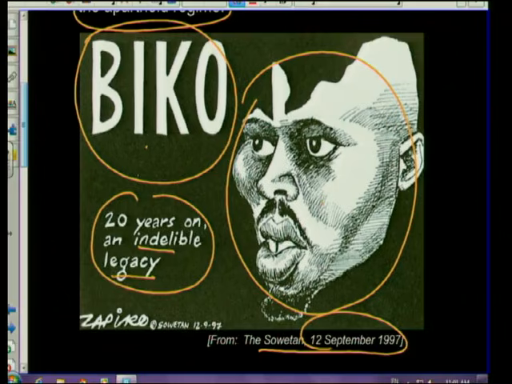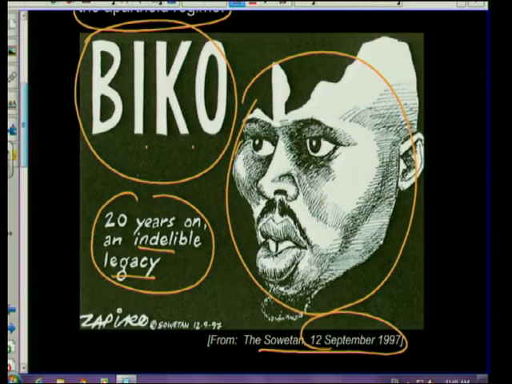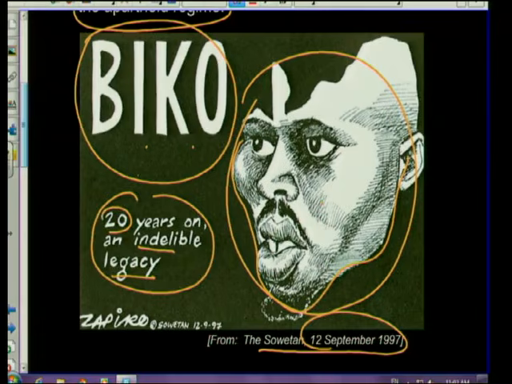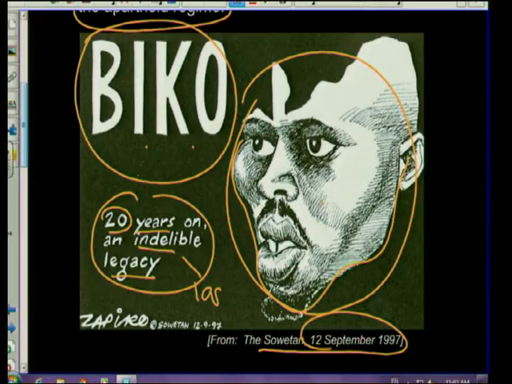Very important, let's look at the size of his name. Big, bold writing, it says much. It highlights that this source is clearly focusing on Steve Biko. If you look at the shape of his face, it is actually the shape of South Africa, showing that he is the face of South Africa. 20 years on, the caption, again, showing that for 2 decades, he left a lasting legacy.